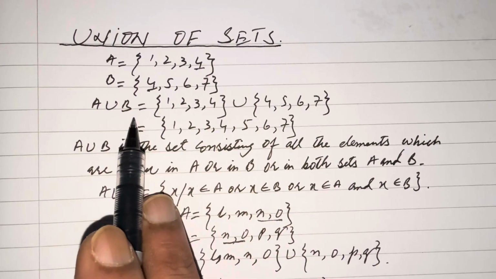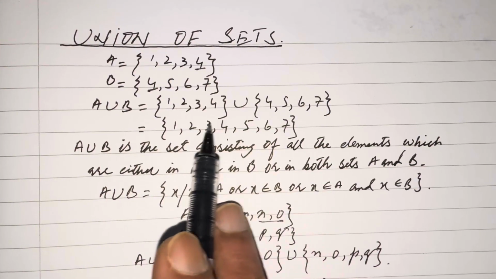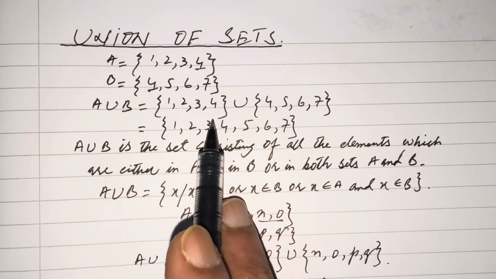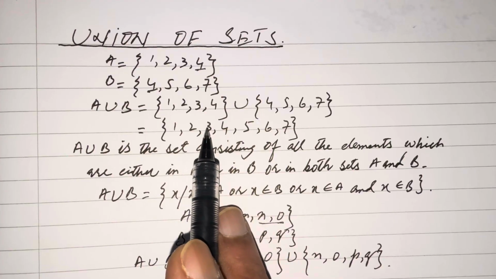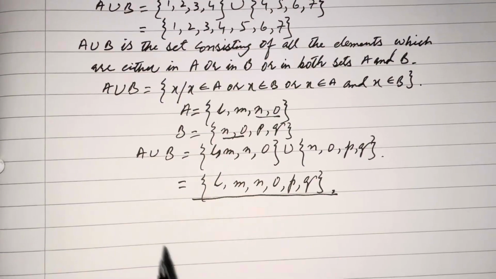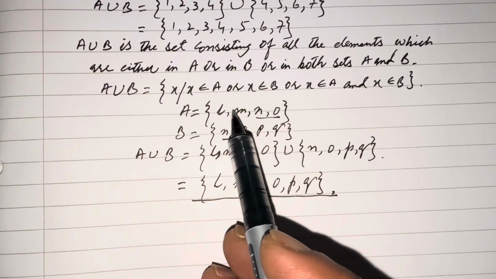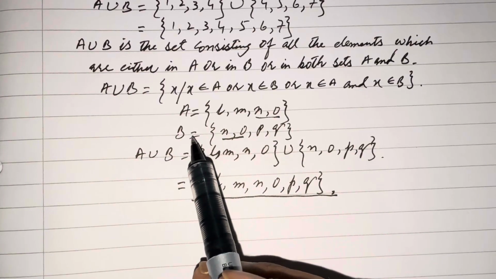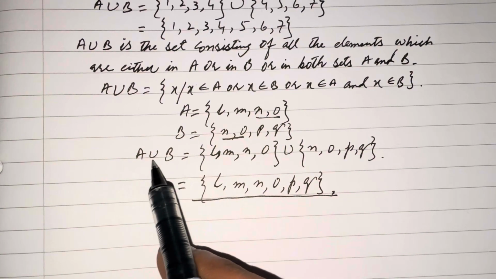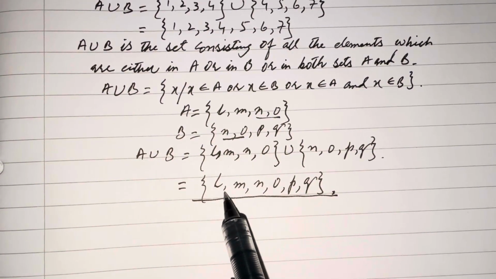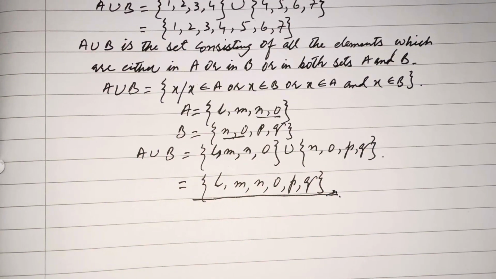When we find A union B, we have written all the elements of A and B, but those elements which are common in both can be written only once. Similarly, we took the example of A with elements L, M, N, O, and B with elements N, O, P, Q. When we find A union B, all the elements can be written only once. So that's the way we can find the union of sets.